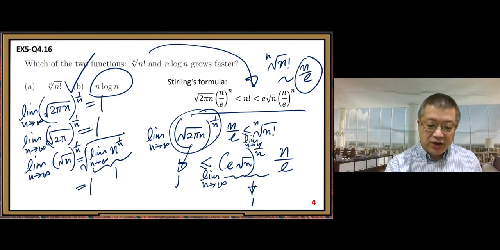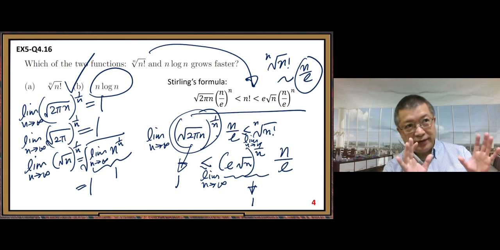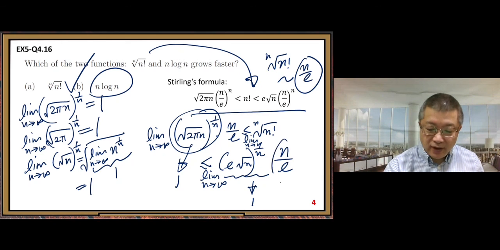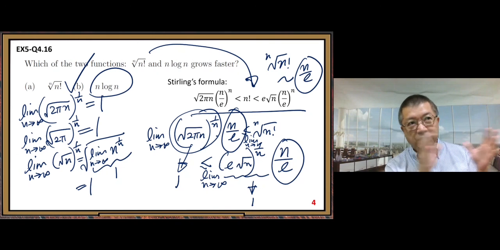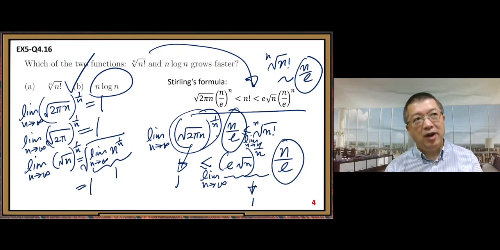When you use Stirling's formula, you compare the main part, but you need to figure out the coefficient by looking at the limit.